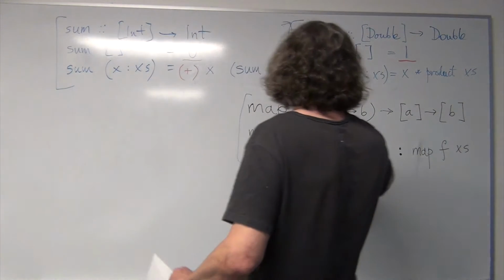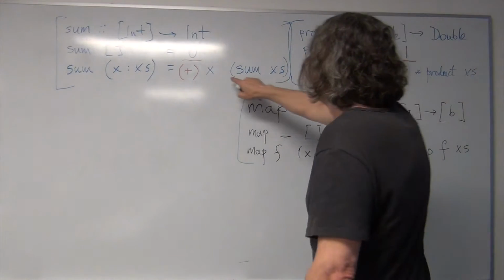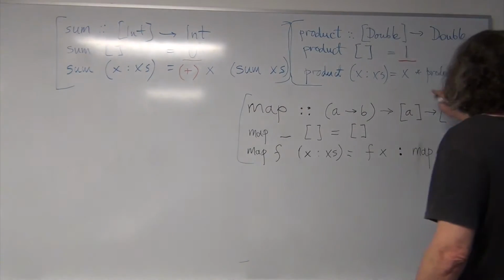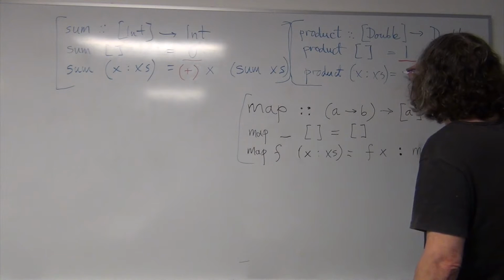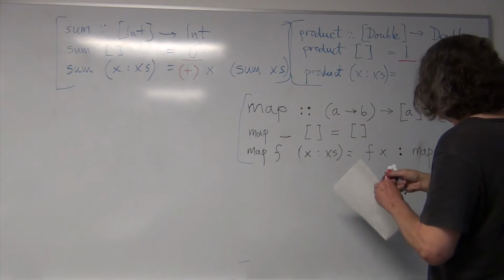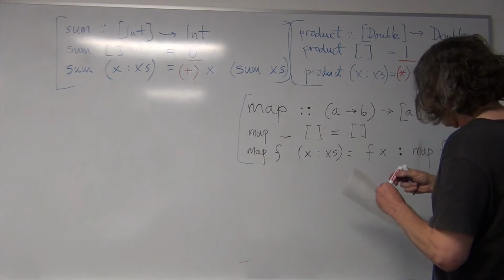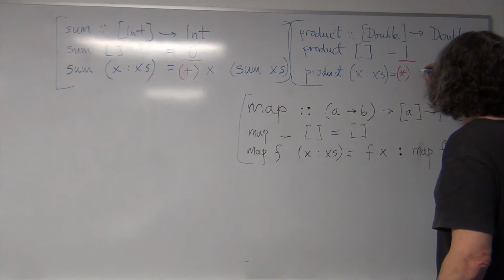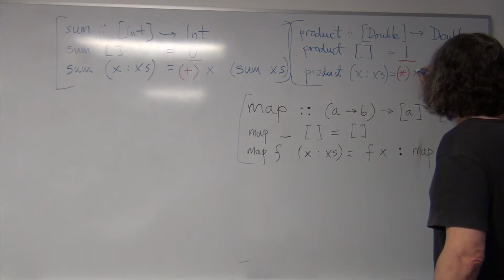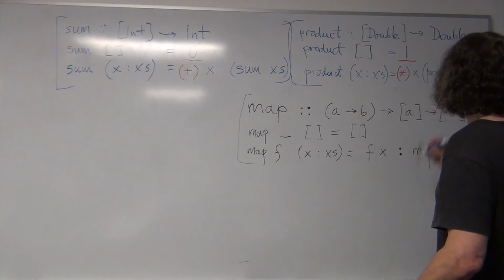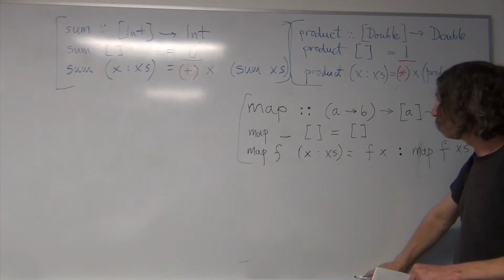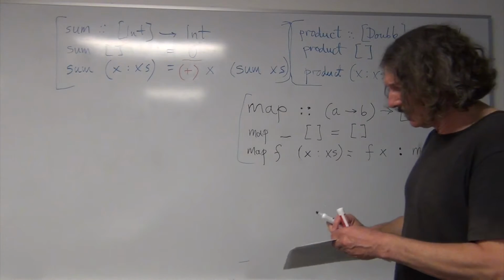Now I have two parentheses, right? Because I have a space here. And same here. We'll use the product, not in an infix notation, but like this. Okay? So these are the differences.